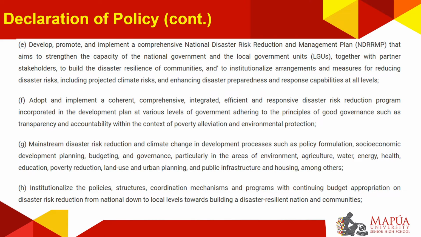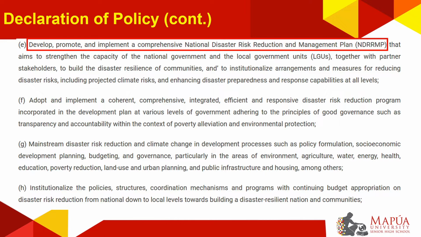Now, furthermore, in the Declaration of Policy, or Section 2, we can look at more of these policies. Letter E, for example, is to develop, promote, and implement a comprehensive National Disaster Risk Reduction and Management Plan, or NDRRMP, that aims to strengthen the capacity of the national government and the local government units, together with partner stakeholders, to build disaster resilience of communities.